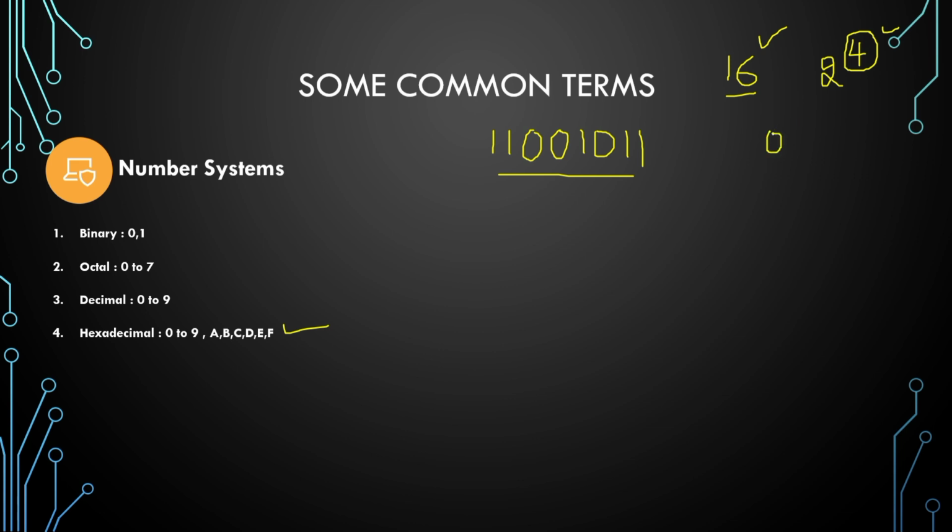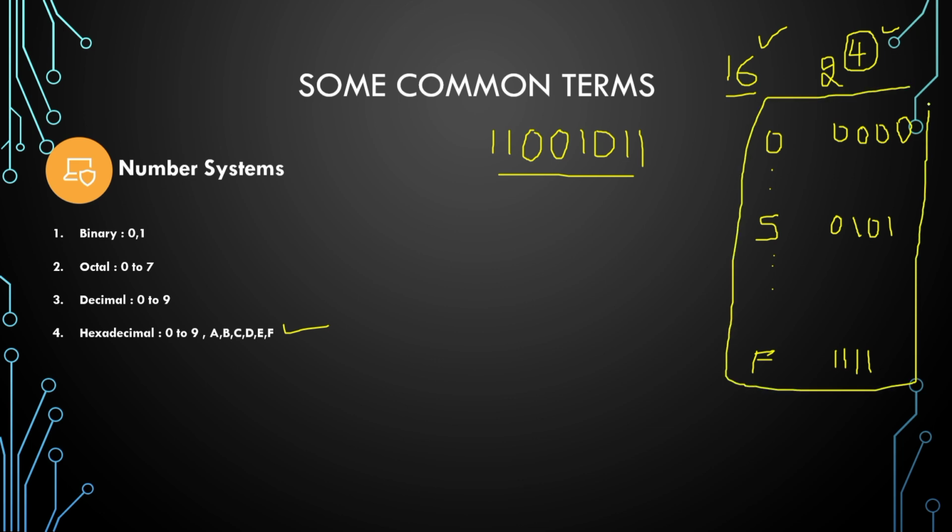Say 0 is represented as 0000, 5 can be represented as 0101, and F, the last number in the hexadecimal range, is 15, that is 1111. This is how we represent hexadecimal digits in terms of binary with the help of these 4 digits.